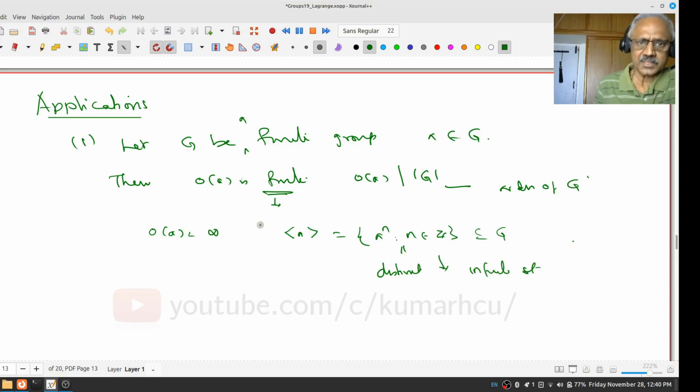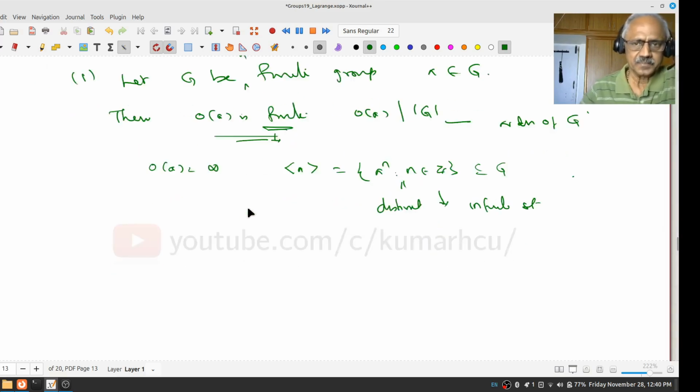So that's a contradiction. Therefore, the order of A must be finite. Next, I want to say the order of A divides the order of G, so I want to use Lagrange's theorem. If I want to use Lagrange's theorem, what do I need? I need a subgroup, then only I can apply it: the order of the subgroup divides the order of G. So what subgroup will I consider here?